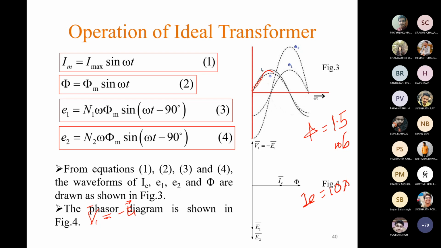Suppose 1.5 Weber is equal to 3 centimeter, and that length shows this length. Now if you select 5 ampere equal to 1 centimeter, then this much length will show 10 ampere, isn't it?